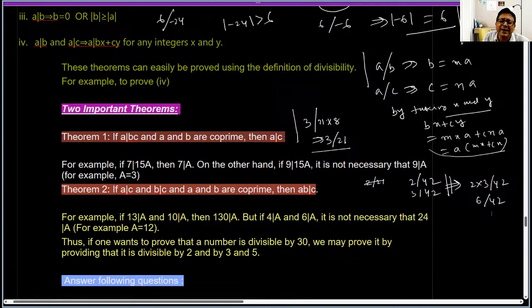To prove a number divisible by 120, I am taking 8, 5 and 3: prove it is divisible by 8, divisible by 3, divisible by 5.